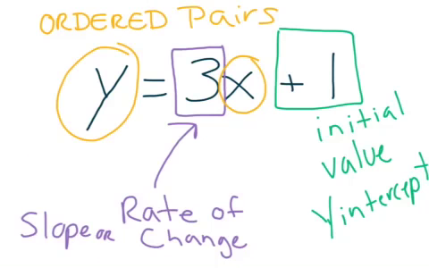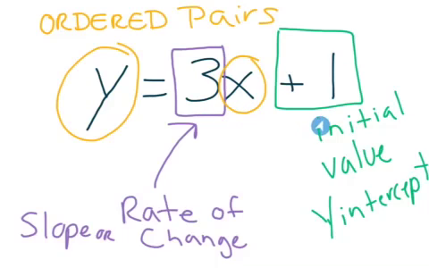You can also compare rate of change by looking at equations. Remember, when we are looking at our equations, we can determine our rate of change very easily. The number, that coefficient in front of our x, is our rate of change.